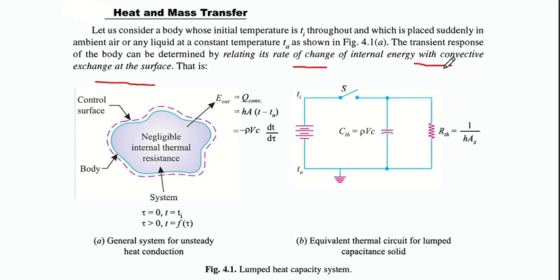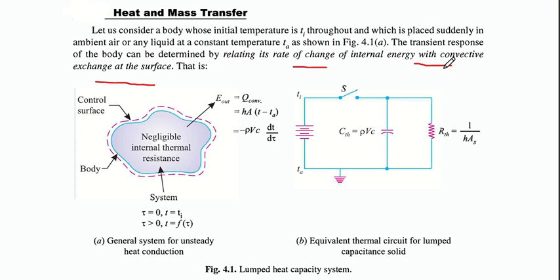There is convection because heat transfer takes place from the body toward the atmosphere or any fluid at ambient conditions, so there is convective heat transfer, and that convective heat transfer is equal to the rate of change of internal energy.